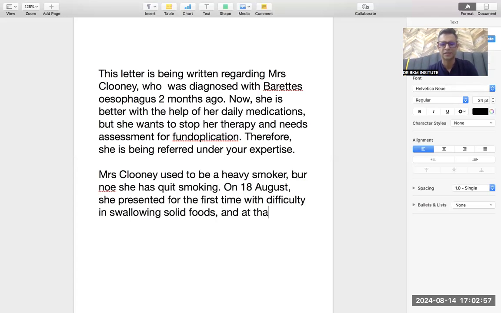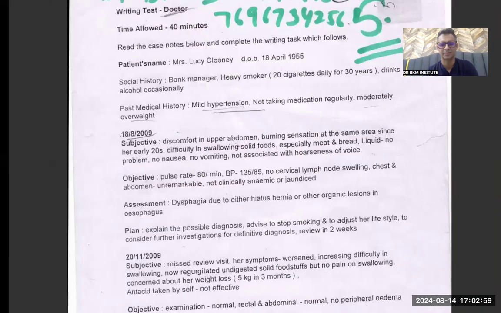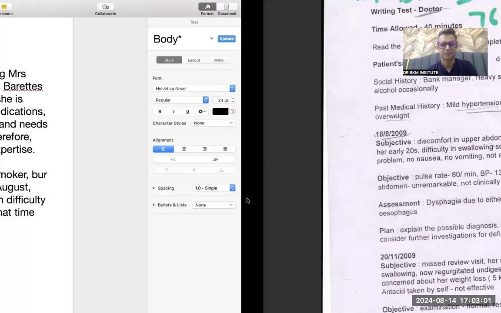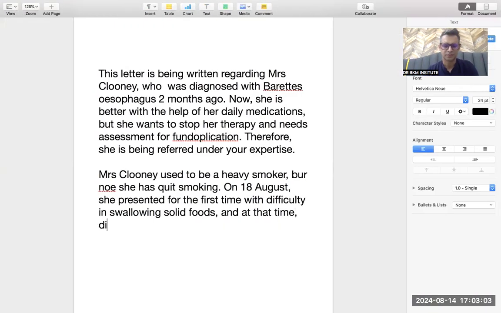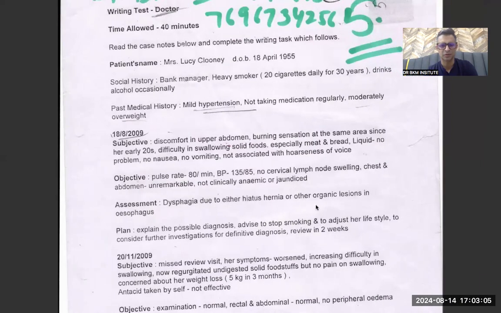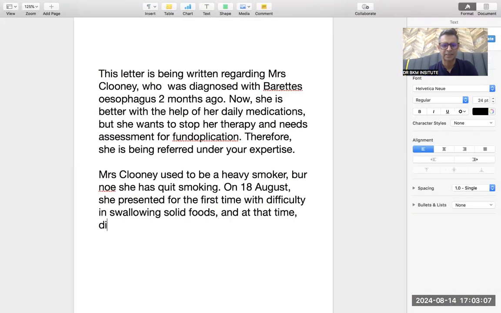And at that time, simply don't write anything. At that time, dysphagia was diagnosed, question mark, or assessment. Okay. At that time, dysphagia was assessed. Again, when the word assessment is given, write this word only, was assessed. Or a word is given, so dysphagia or organic lesions.